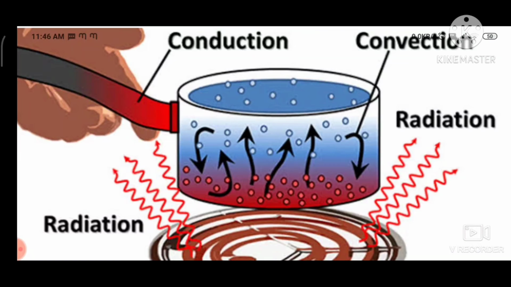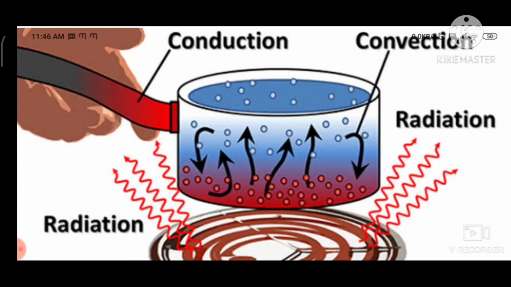This picture shows the different types of transfer of heat, a little bit enlarged, and some person is trying to touch the hot handle, which is not possible because it will burn our hands.